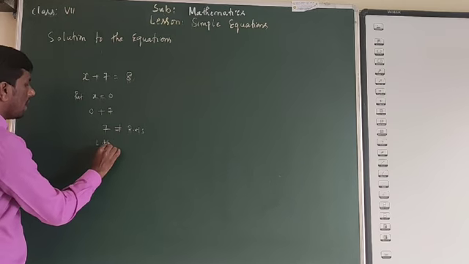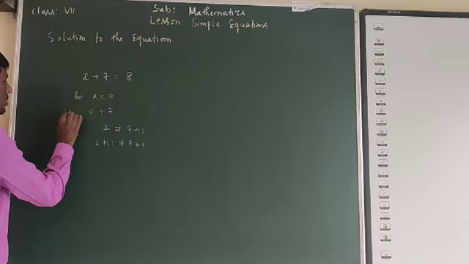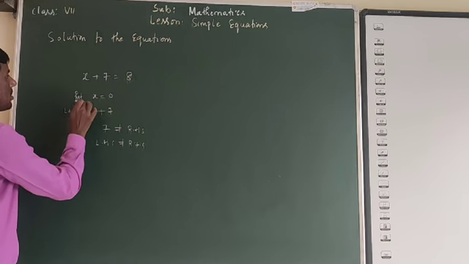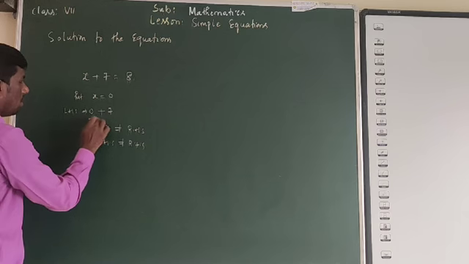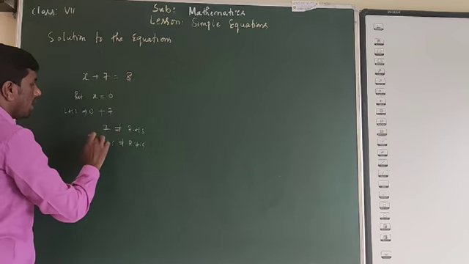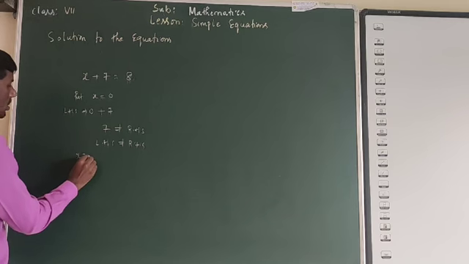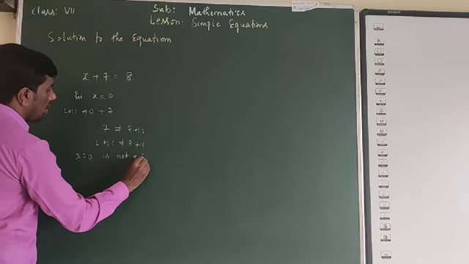We substituted the value in the LHS, x plus 7, and in the place of x I substituted 0, so I am not getting the RHS. So LHS is not equal to RHS, and x is equal to 0 is not a solution.